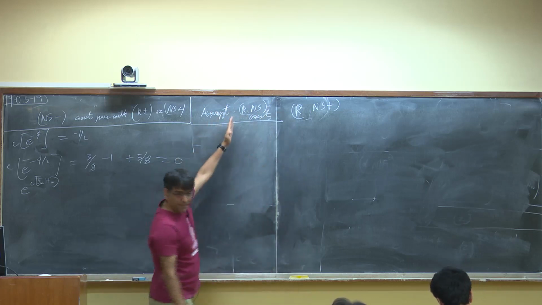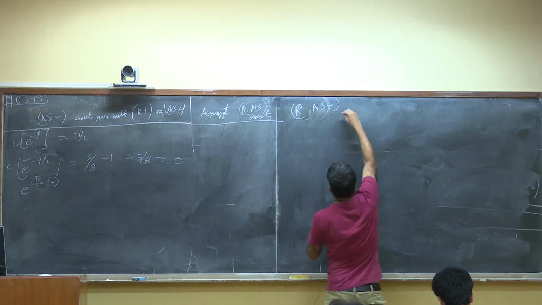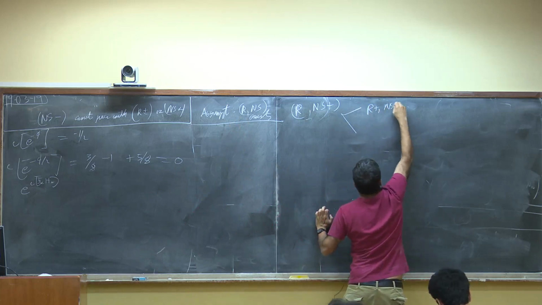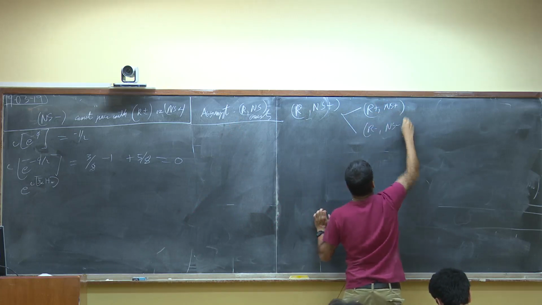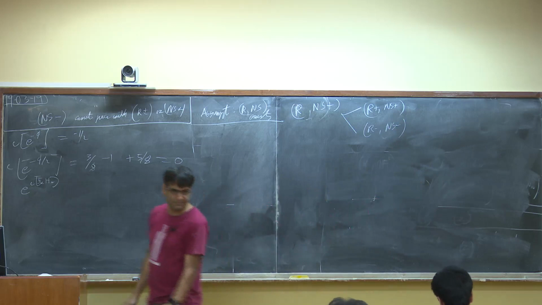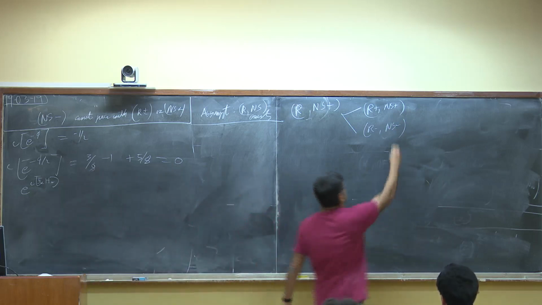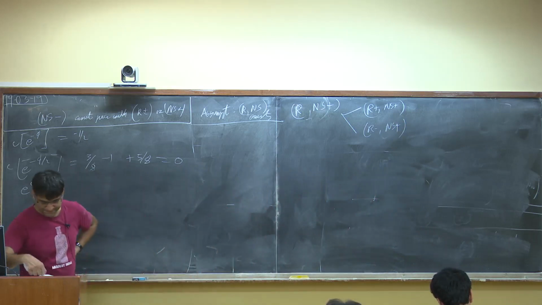The two options are that we either have an R plus, NS plus, or we have an R minus, NS plus. We may have both, but at least one of these two must appear.